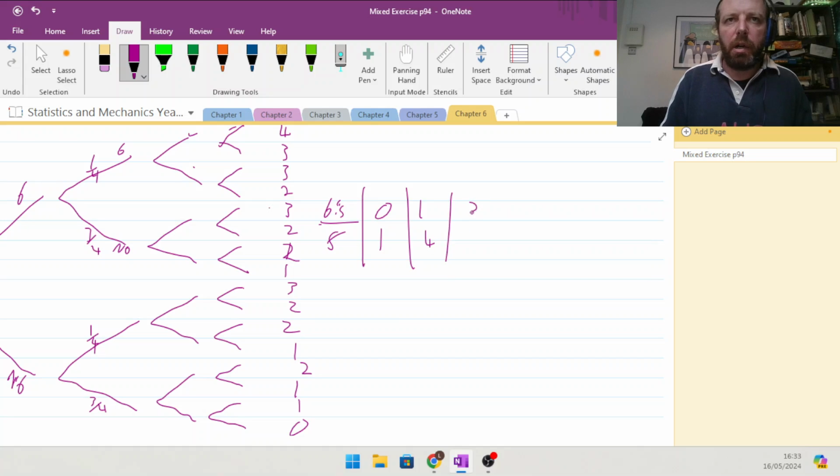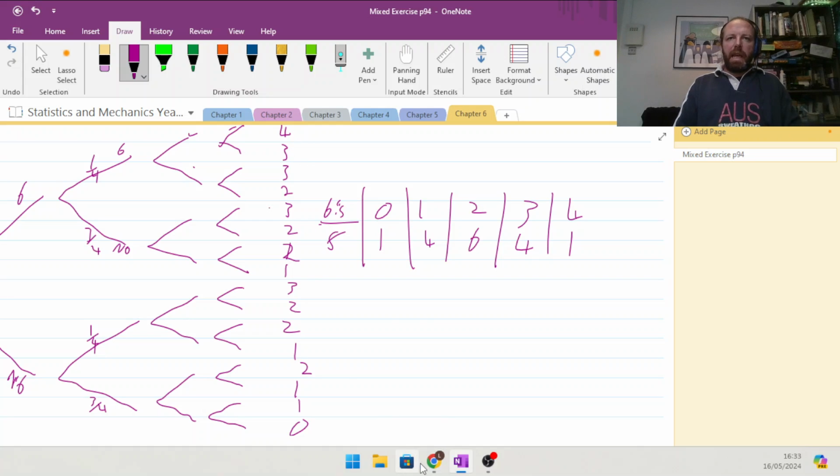The number of ways of rolling the sixes twice is 1, 2, 3, 4, 5, 6. Getting it 3 times is 4, and rolling it 4 times, there is only one way at the very top of getting it. Now, we need to multiply our probabilities by them.